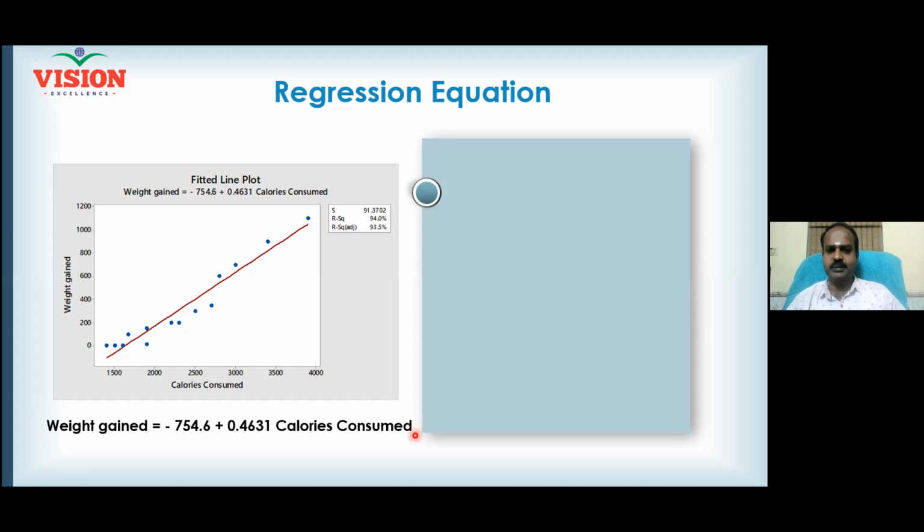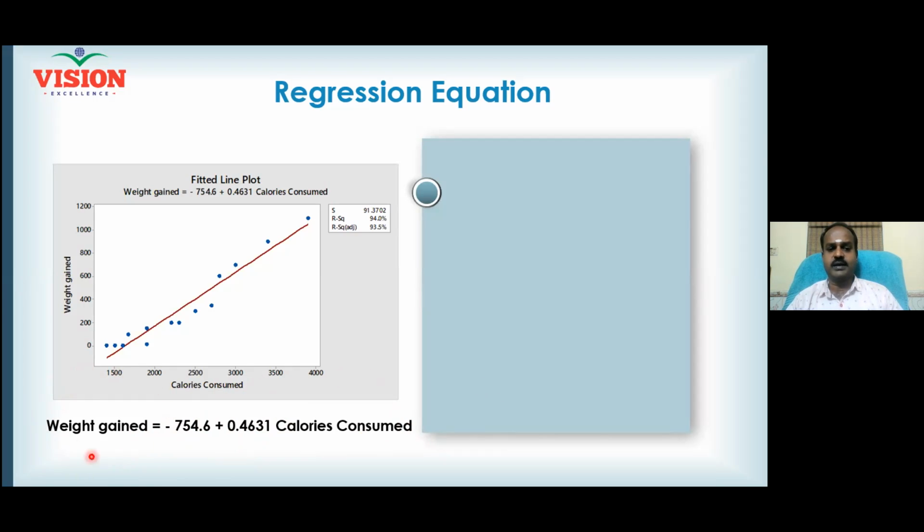There are easy methods, simple mathematics can help you to derive this equation. But weight gain, your y variable, is equal to a constant term plus a coefficient multiplied by the x variable. This coefficient is called the regression coefficient.